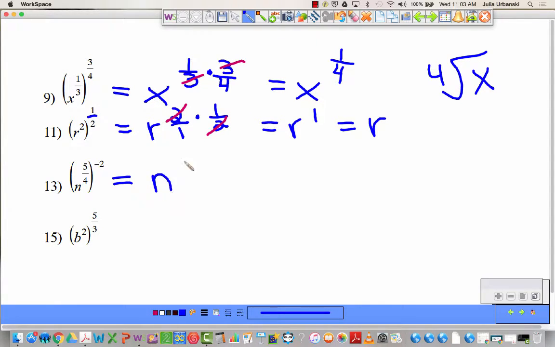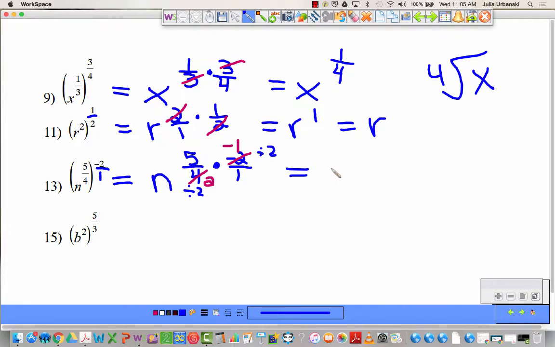This one. n to the 5/4 times -2/1. You just take these two fractions and multiply them because they're on the same power. Something doesn't cancel completely, but it reduces. This becomes a -1, and this becomes a what? 2. You reduce your fractions. Good.